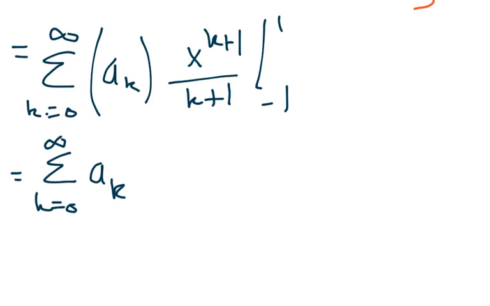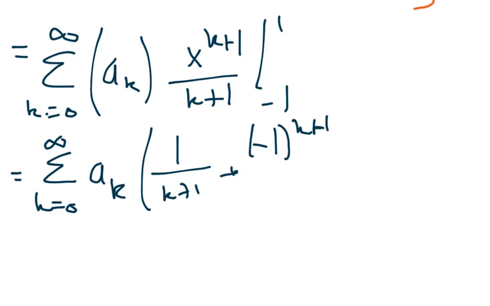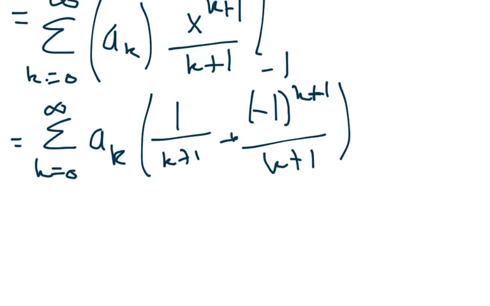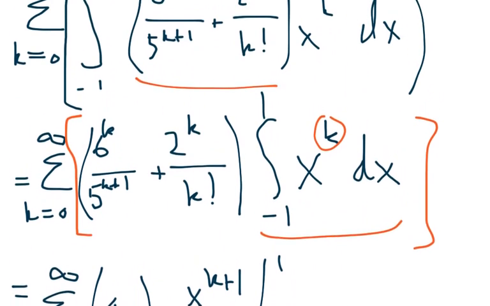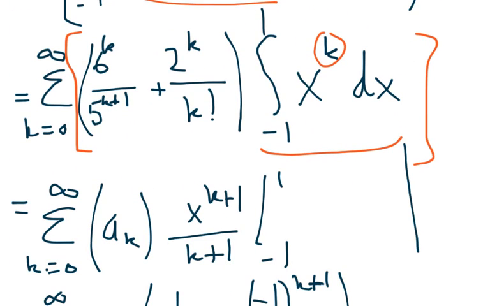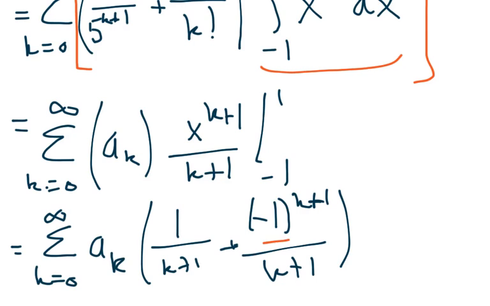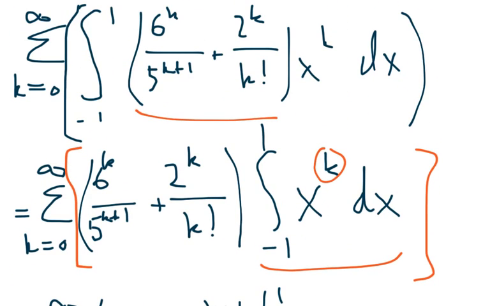And this is going to be 1 over k plus 1 times 1 plus -1 to the k plus 1. So this is going to be either plus or minus 1 depending on k, just like we talked about in the last problem. Okay, so we see this is going to depend on what the value of k is. And so we have some number.